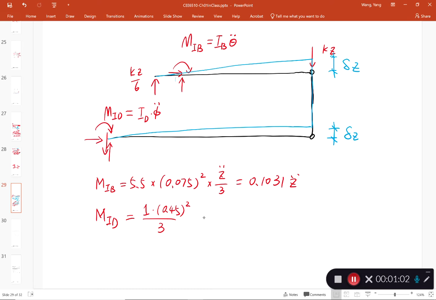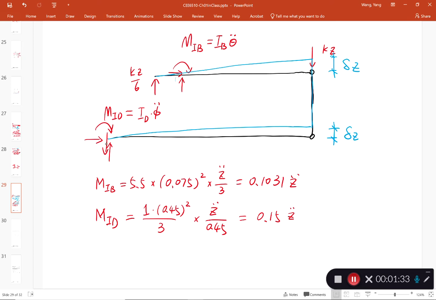This is ID, okay? Multiplying phi double dot, as we derived earlier, phi double dot is z double dot divided by 0.45. That is equal to 0.15 z double dot.